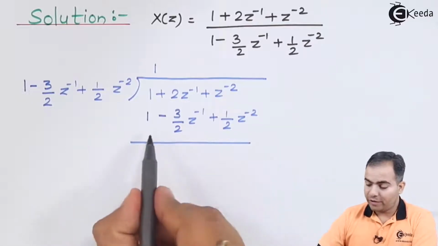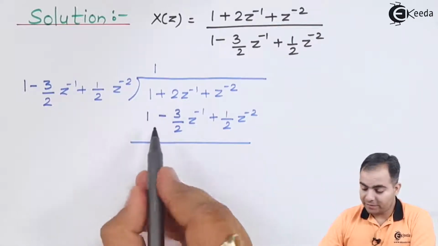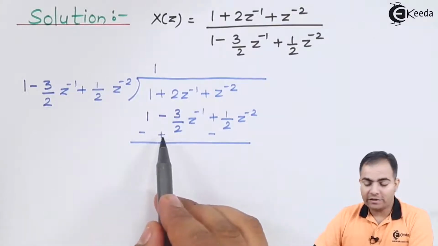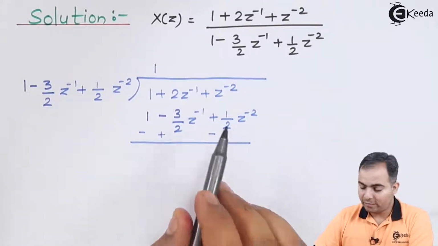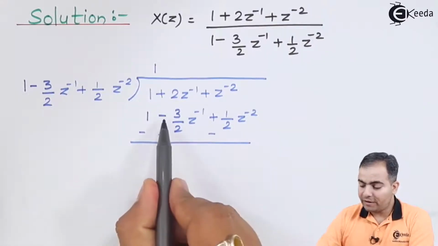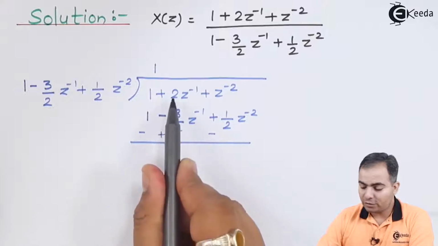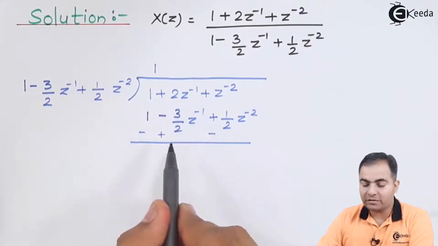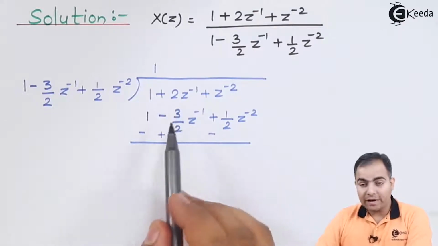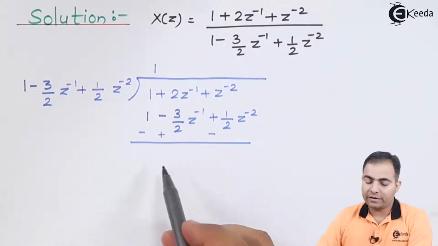Now, if I want to cancel this 1, then I have to change the sign, so the sign will be changed for all the parts. Now 1 minus 1 is 0. Here the minus sign is replaced by plus, so 2 plus 3/2, that is 2 plus 1.5, the answer is 3.5. If you want to write this answer as a fraction, that is also fine: 3/2 plus 2 is 7/2.